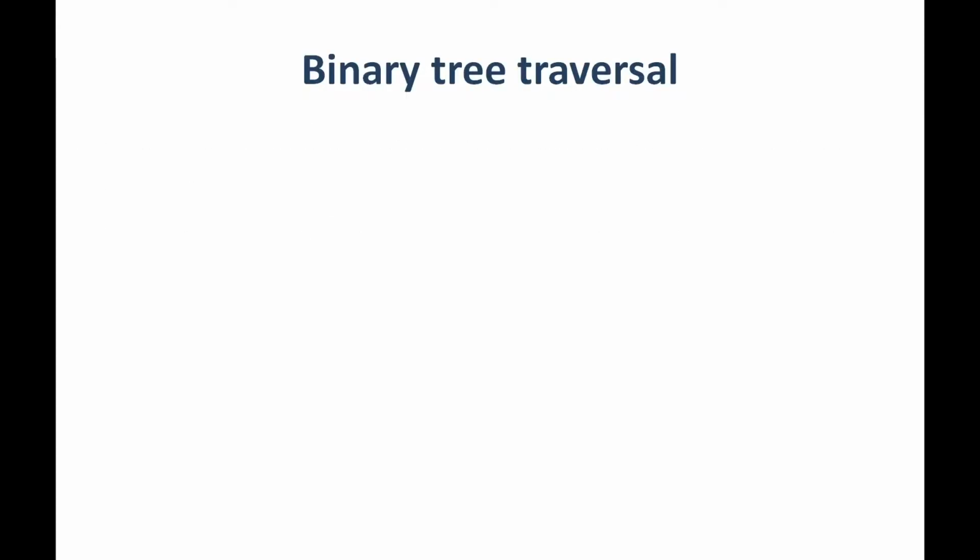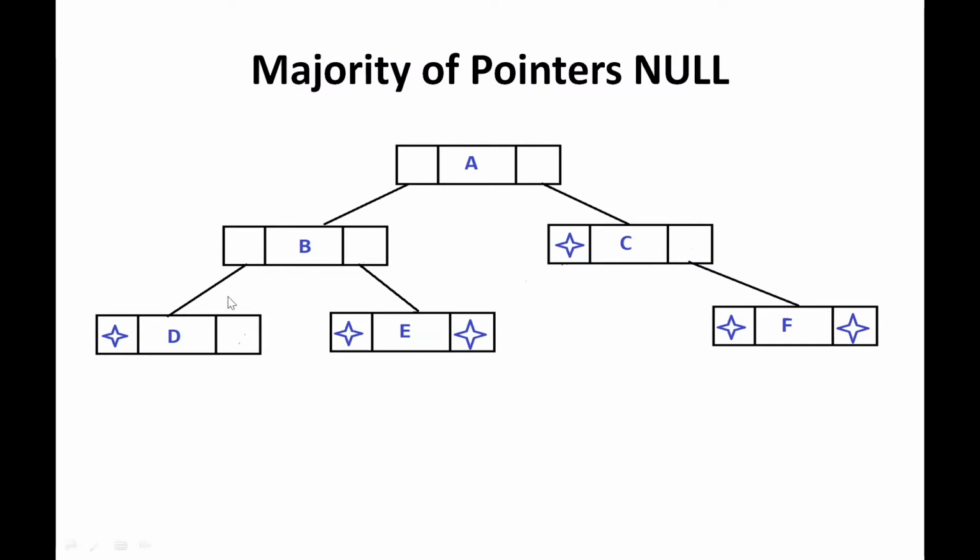If you refer to this particular tree example, after visiting node D, which is a leaf node, the algorithm returns to node B again in the recursive call.